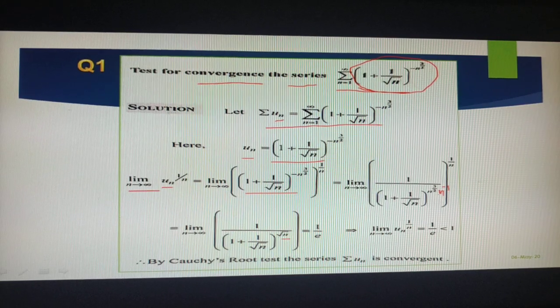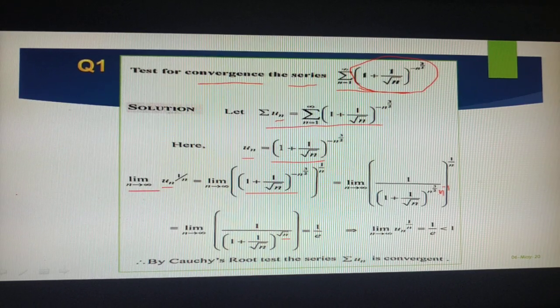So you know the well known formula, you may remember: limit n tends to infinity, 1 plus 1 by n whole to the power of n is always equal to e. That is a very important formula.